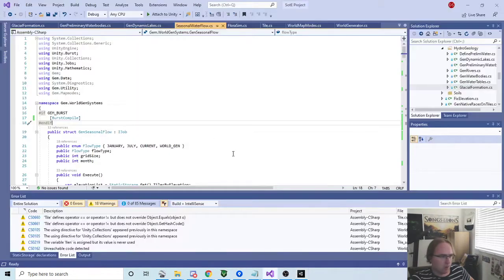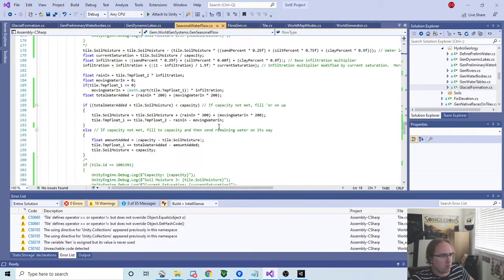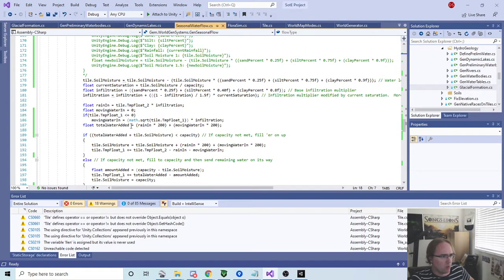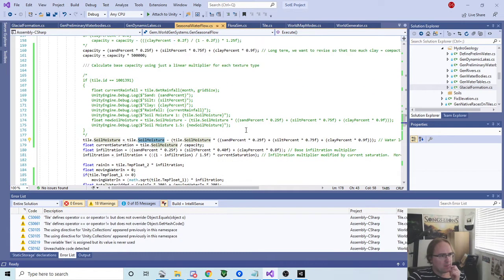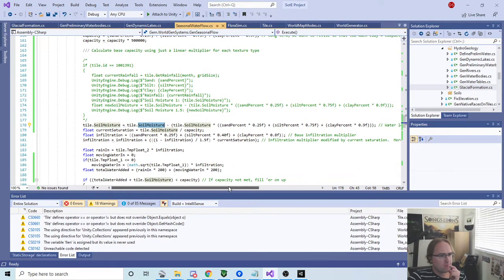Let's run this while we look at the code. Now let's go to the section where we should be losing water. Right here. Saturation.